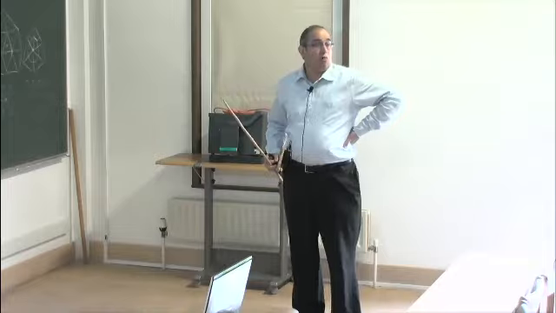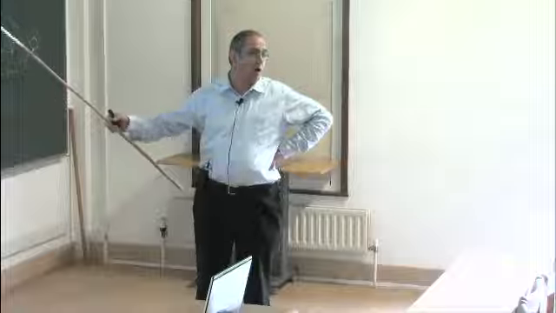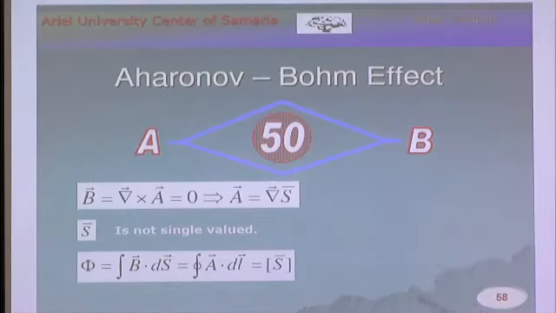In the Aharonov-Bohm effect, A stands for Aharonov, B for Bohm, but you can also think about A as a source of electrons that move and go around a magnetic flux. The 50 can be thought of as 50 Tesla or 50 years of the Aharonov-Bohm effect. It goes both ways.